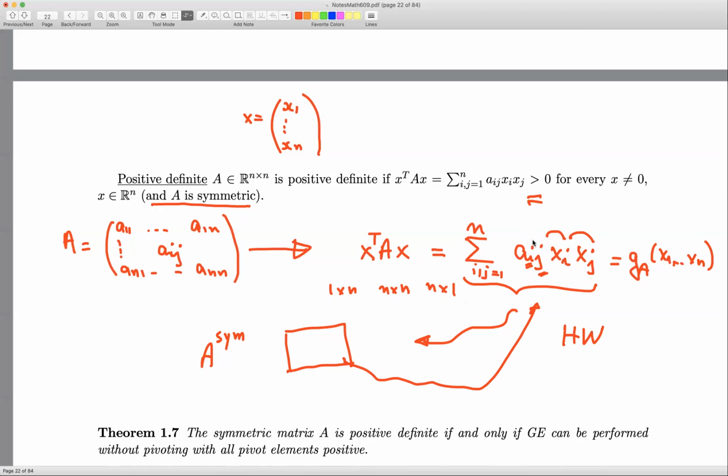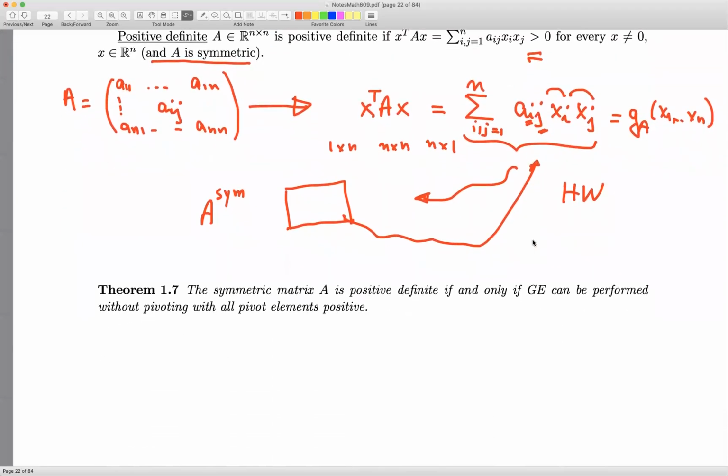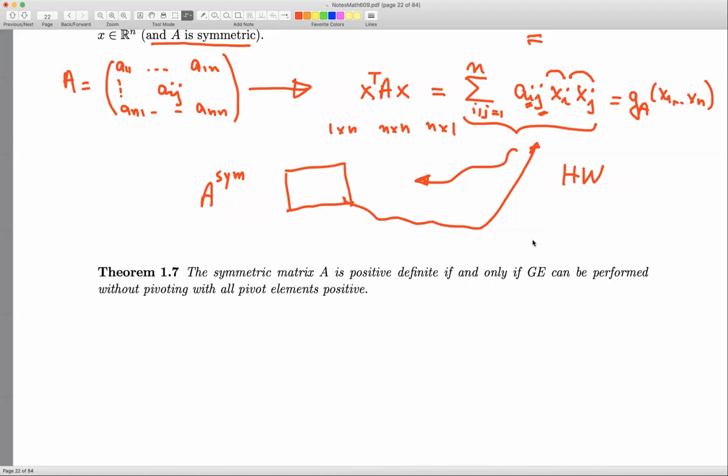The next theorem tells us something about a symmetric matrix, that is, Gauss elimination. The symmetric matrix A is positive definite if and only if Gauss elimination can be performed without pivoting, with all pivot elements positive.